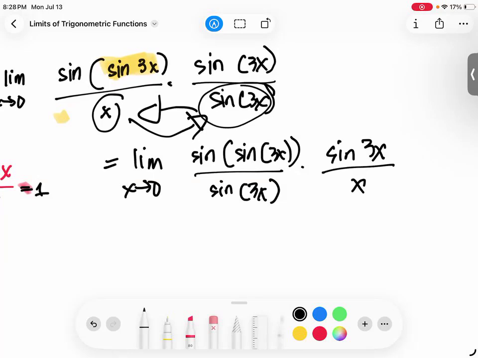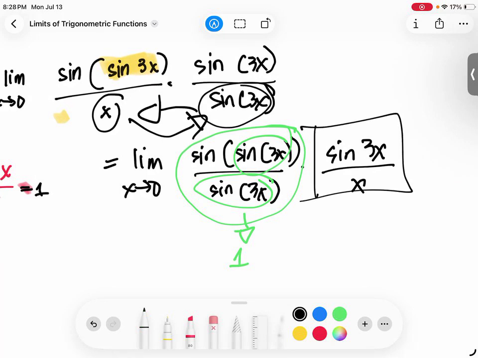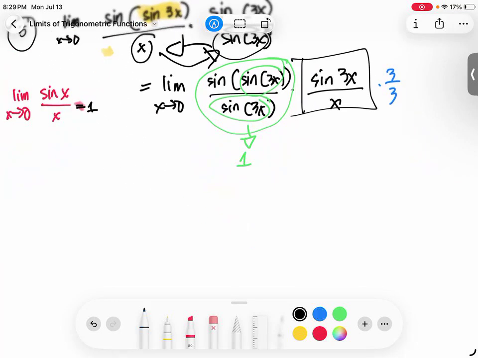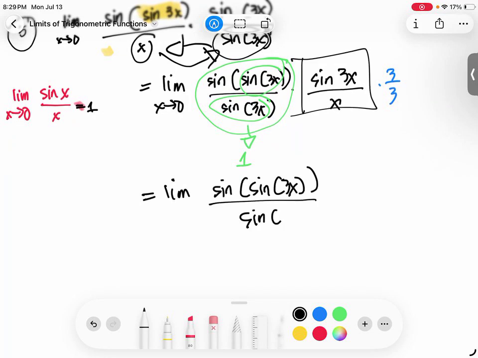Now, this is just 1 because the argument and the denominator are the same. But we are lacking something here. We need to multiply this by 3 over 3 to achieve the identity as well. So we have here the limit of sine of 3x over sine of 3x as x approaches 0 times sine of 3x over 3x times 3.